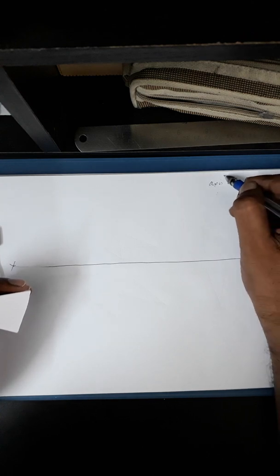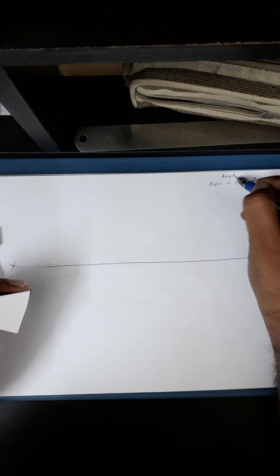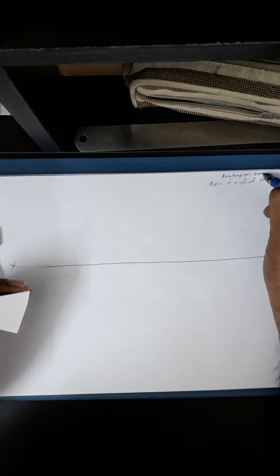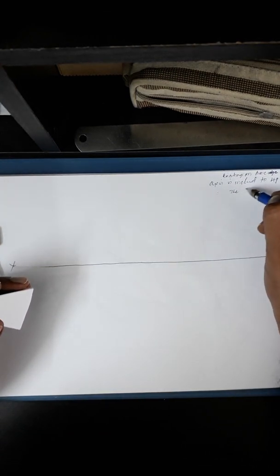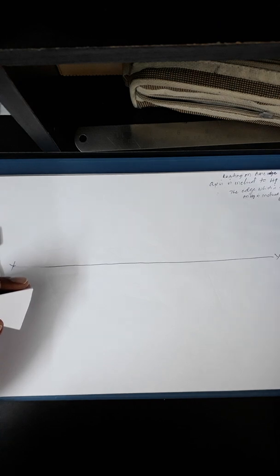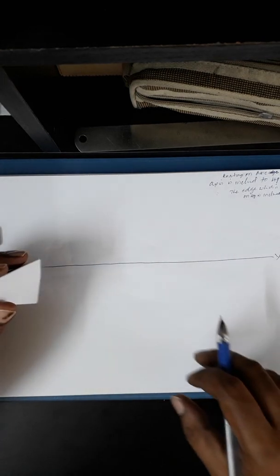So the condition will be resting on base edge. Axis inclined to HP, and they say the edge which is resting on HP is inclined to VP by some degrees, say 30 degrees. And that way we want to find the problem.